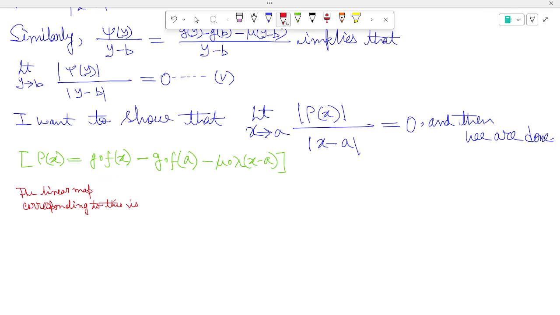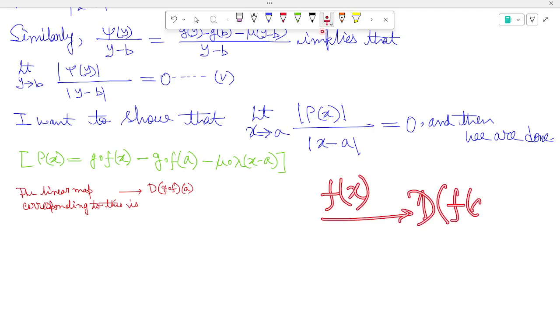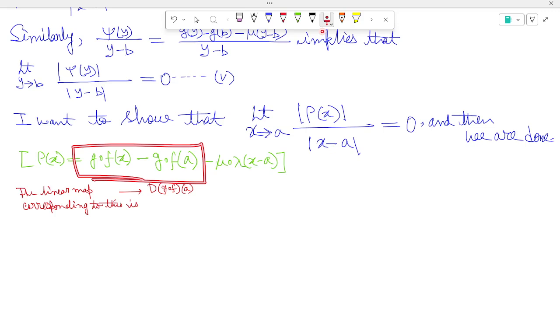So it is g composite. In the form of derivative, the linear map should be D of g compose f at a, right? Because for f x, I am getting the linear map as D of f a, or lambda, evaluated at point a. So the corresponding linear map of the derivative is this.